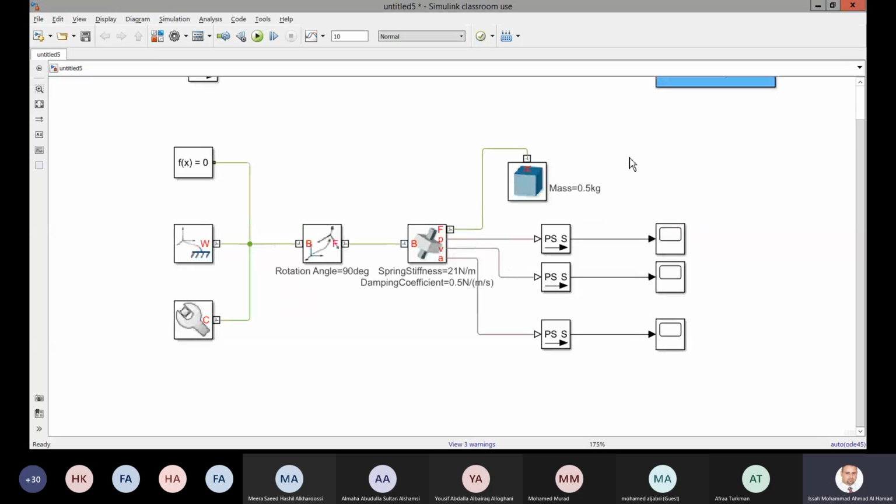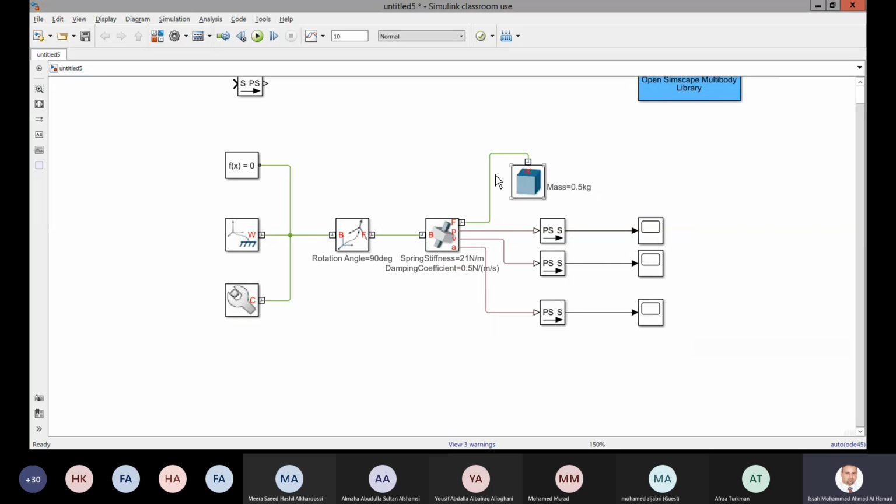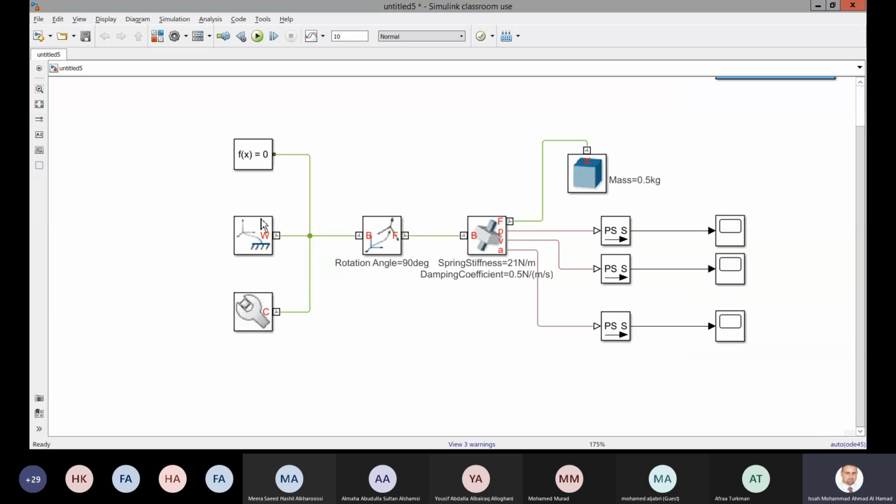Okay, just to recap, the vibrating mass, which is the most simple case. Always, once you open this multi-body, these will always be present. These are properties for the solver and frame and G. This is the G or mechanism configuration. The solver works on ODE 45 that we studied last time. This is the rigid transformation. You can specify any rotation or translation before you add the spring.